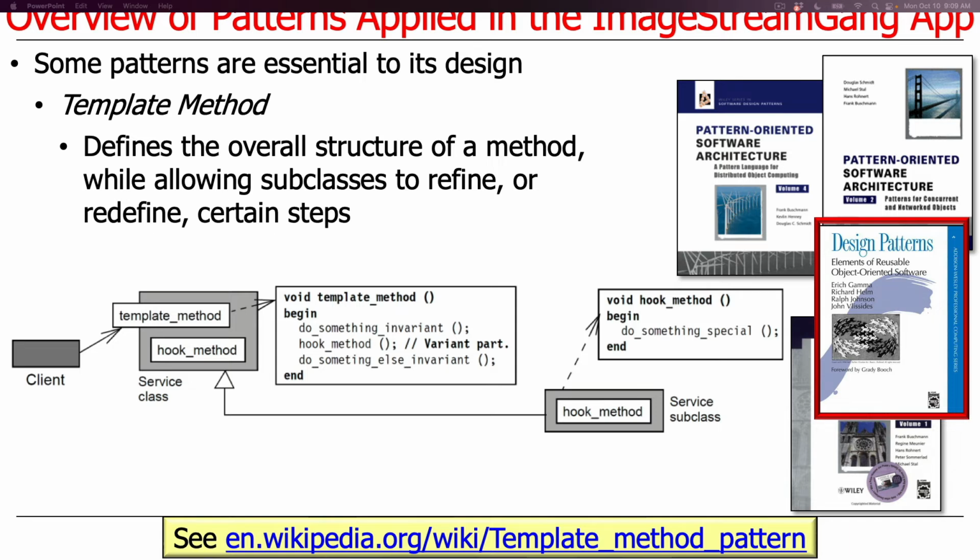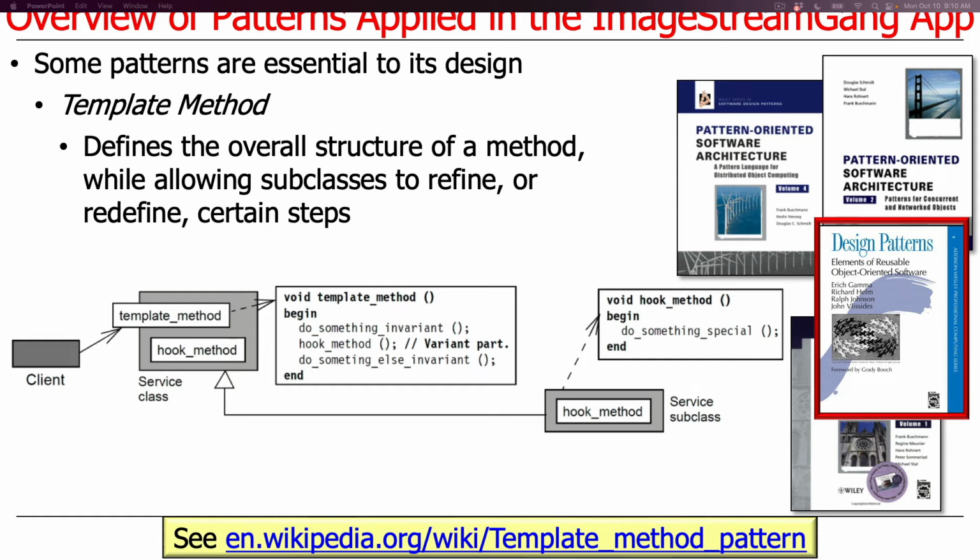And one of those patterns is the template method pattern. And of course, the template method pattern comes out of the Gang of Four book, the design patterns book, and it defines the overall structure of a method, which is the template method, and then it allows the subclasses to refine or redefine certain steps selectively and in a very careful and systematic way.